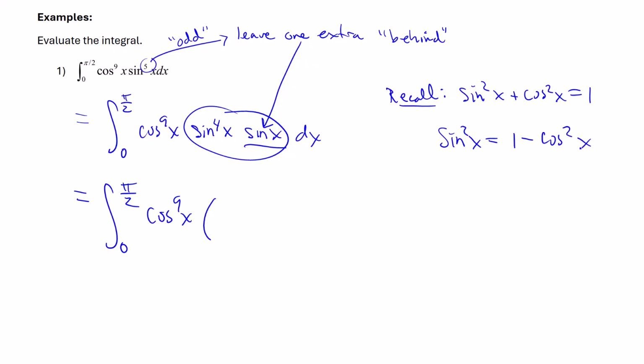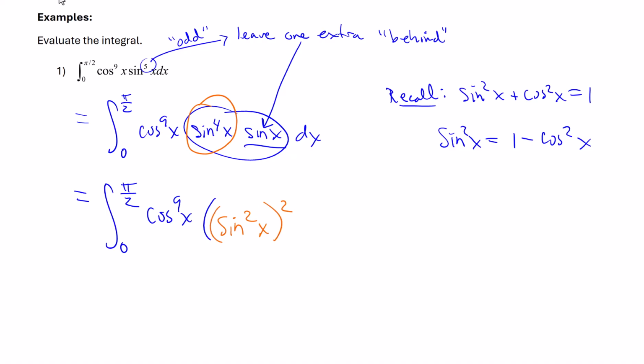Now, that's nothing fancy. If you're used to trigonometry, you're just getting one of those terms by itself, and we're going to use that now by saying instead of sine to the 4th of x, which is what we had as part of our integrand, once we split off that extra sine, we're going to rewrite that as sine squared of x, squared.